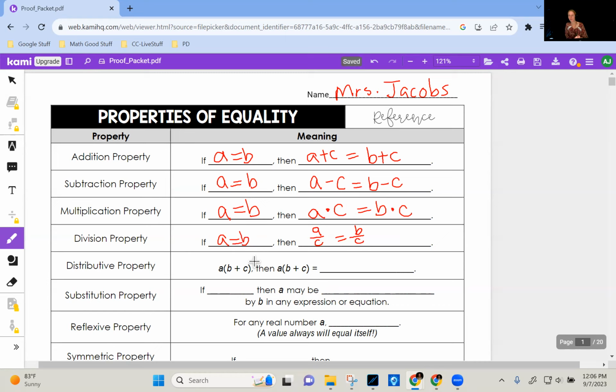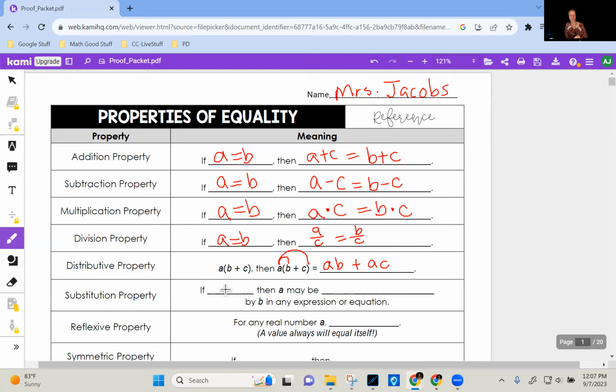Next one, distributive property. You've learned this in the past. A times (B plus C) means that we can multiply each: AB plus AC. Some of you have called this the rainbow method in the past because you draw little arcs. We do A times the first one, and A times the second one.